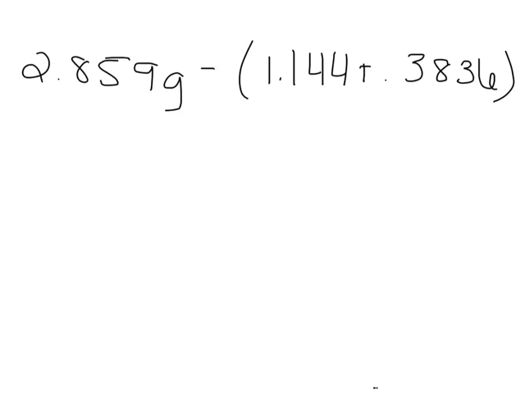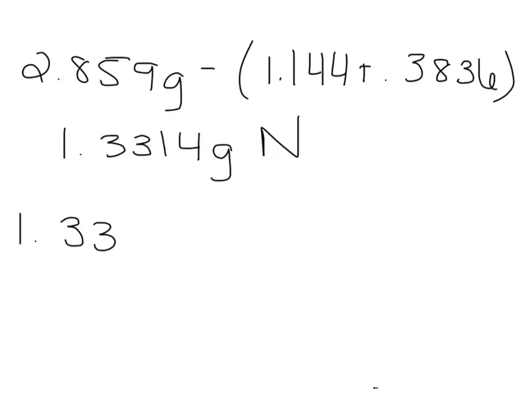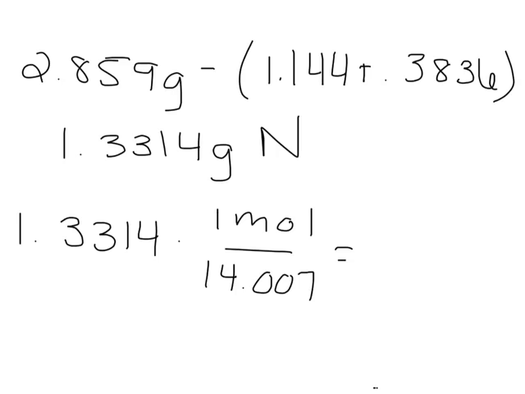When you do that, you have 1.3314 grams of nitrogen. Now you need to convert it into moles. So you have 1.3314 times 1 mole over 14.007, which is just from the periodic table, and that equals 0.0951 moles of nitrogen.